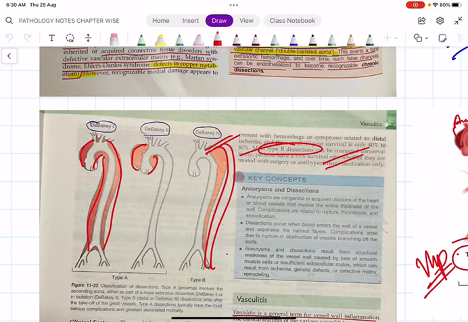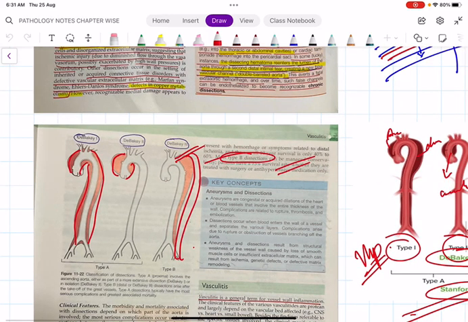This is a very, very confusing question. Students will think the blood is accumulating in the tunica media, so the pathology is the tunica media. No, it is not. It is the tunica intimal tear. So the pathology is in the tunica intima itself. I am making it very clear. Tunica intimal pathology leads to aortic dissection.